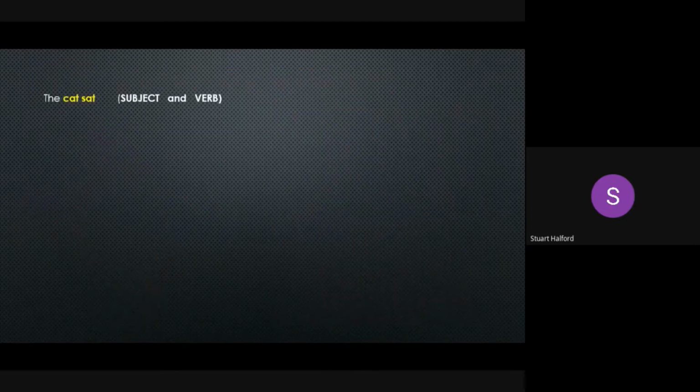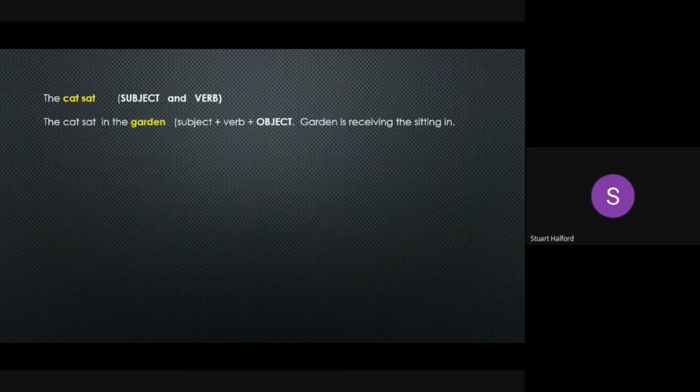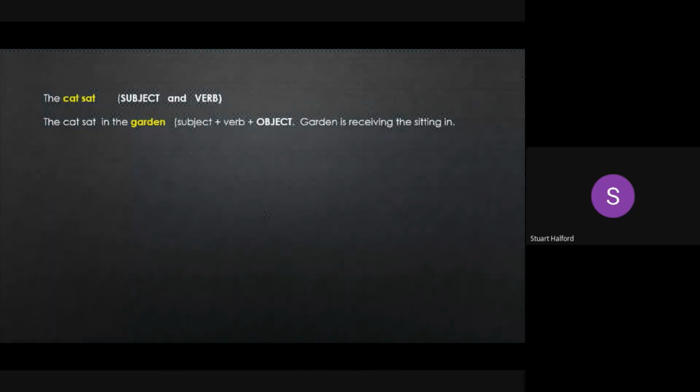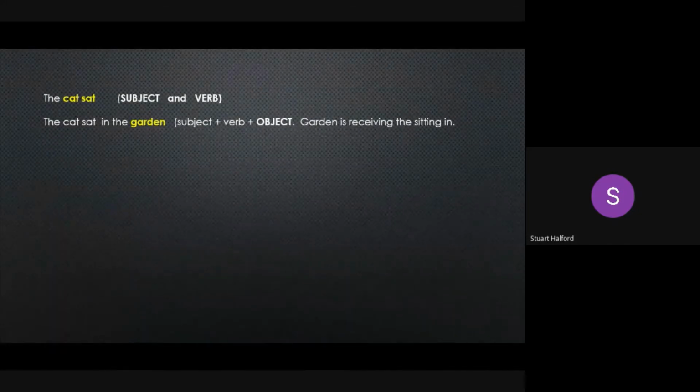So the cat sat. Here we've got the subject, the noun phrase, the cat, and then sat, your verb. So the cat sat in the garden. Now we've got the subject, the cat, the verb, sat, and now we've got an object, something that's actually receiving the action. So the garden is receiving the action of the cat sitting.